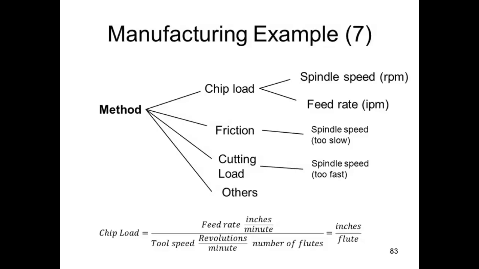The cutting load can cause breakage if the spindle speed is too fast. Well, the nice thing about that is we can put the spindle speed right between them instead of too slow or too fast. We set it just right, and then we can change the feed rate to deliver the correct chip load.